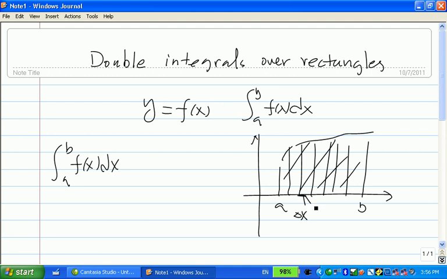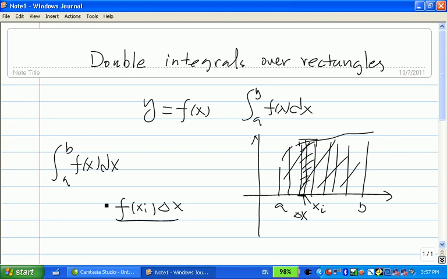Now we pick a sample point, say x_i, and use f(x_i) as the height. Then you make a rectangle. The height of this rectangle is f(x_i), times delta x, which is the interval length. This number gives you the area of this rectangle.